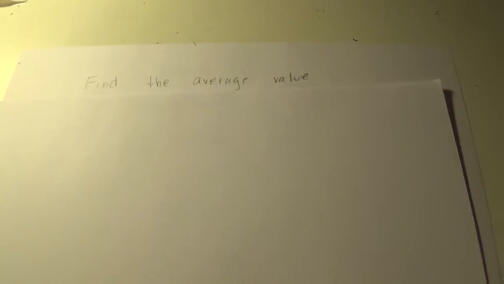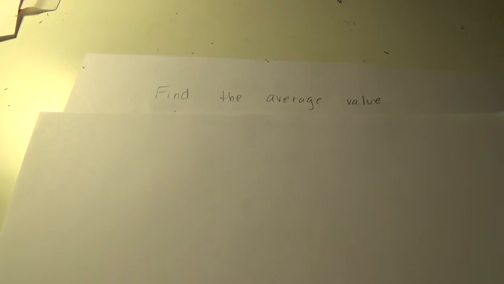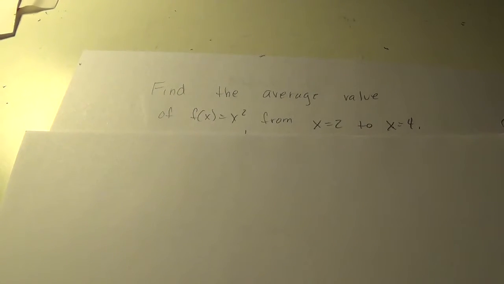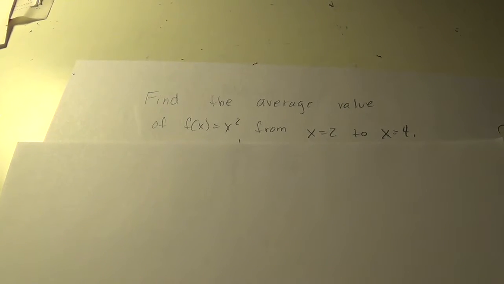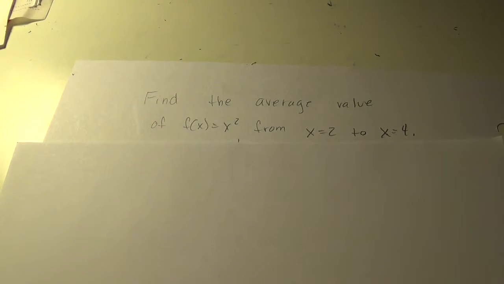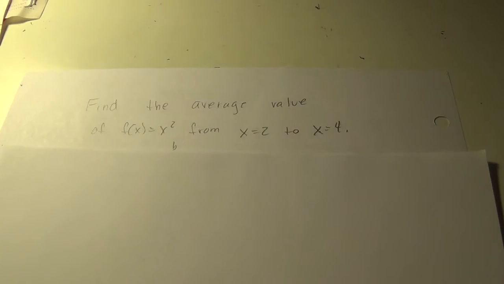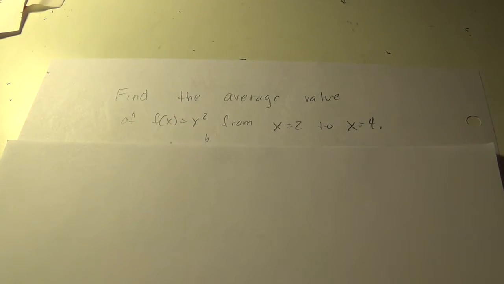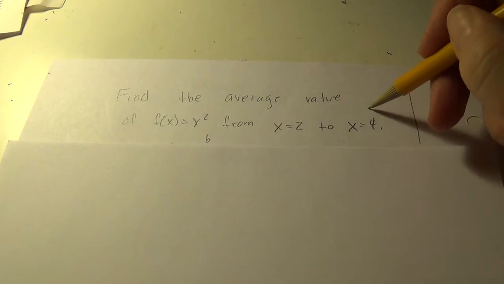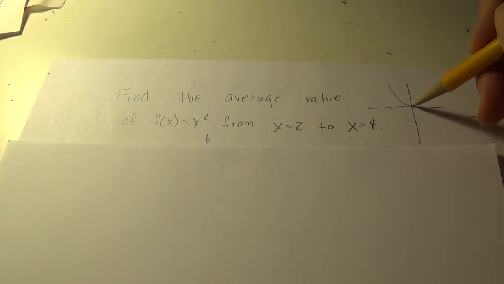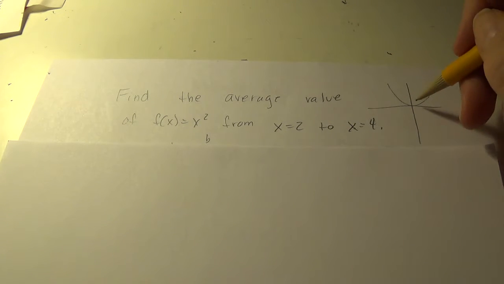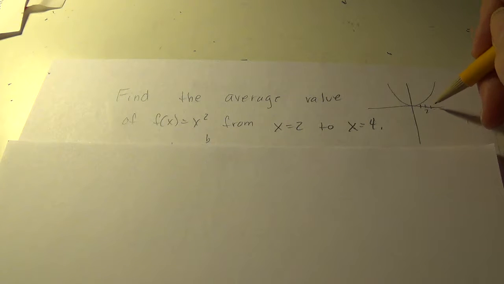All right, let's do one. Find the average value of f of x equals x squared from x equals 2 to x equals 4. Just what's going on in my thoughts: I'm going to have y equals x squared, the smiler, and I'm going to look at it between 2 and 4.